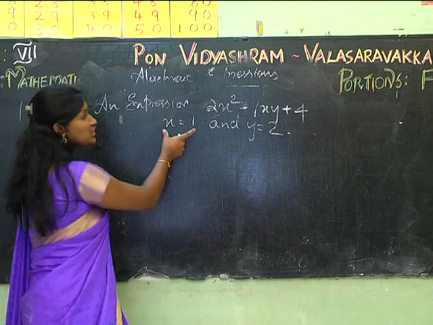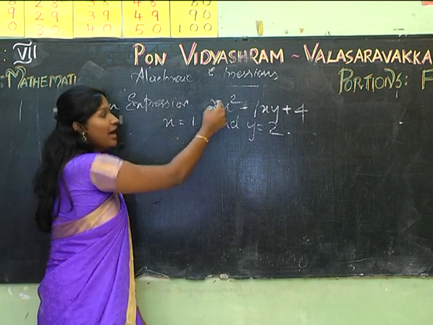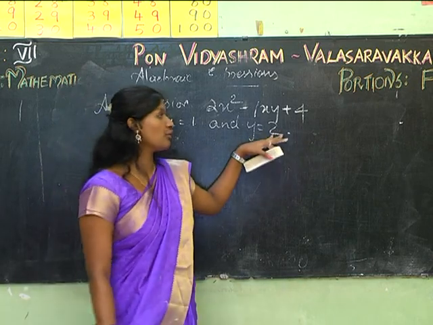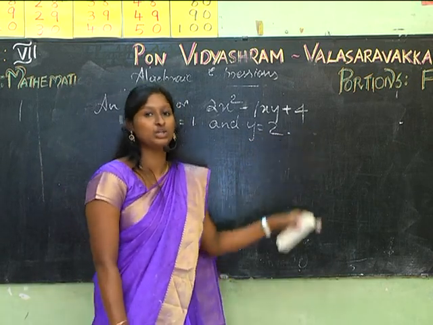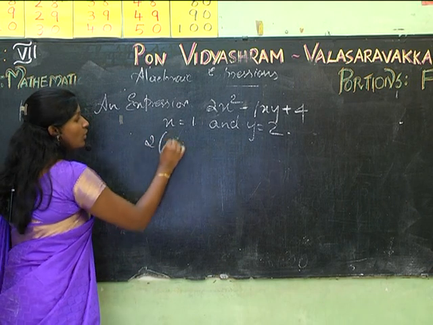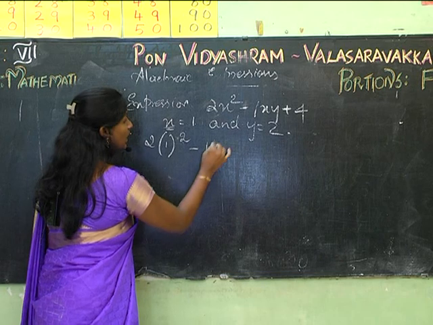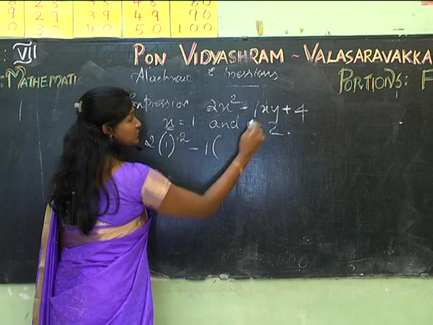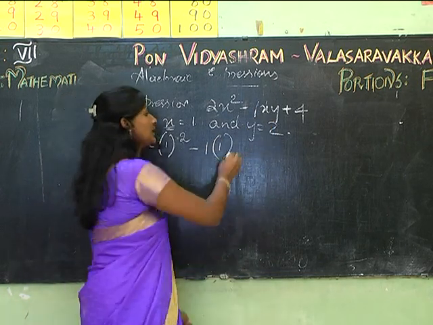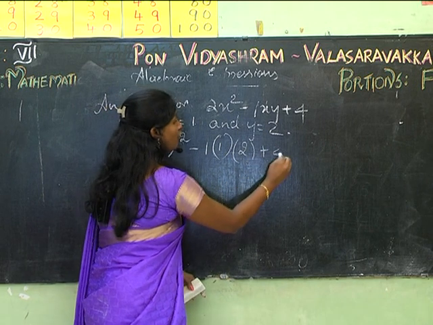So in the place of x, I am going to substitute the value 1, and in the place of y, I am going to substitute the value 2. So 2 into, in the place of x, I am just substituting the value 1, 1 square, minus 1 into 1 in the place of x and 2 in the place of y, plus 4.